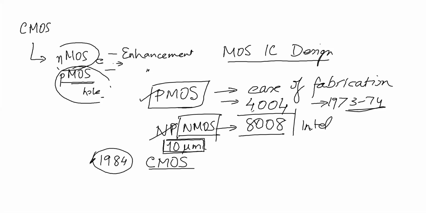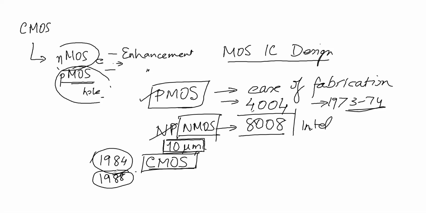1984 or somewhere like that, when CMOS technology came into the market and captured all the market since then. So it is more than 35 years or so since. And in my career, I have seen throughout CMOS. I started working in 1988.